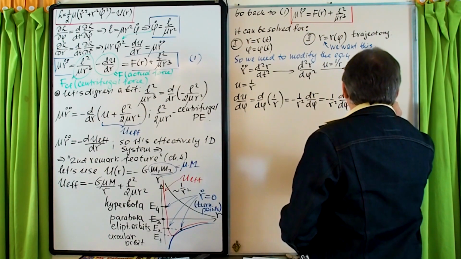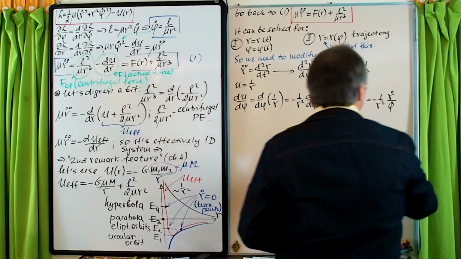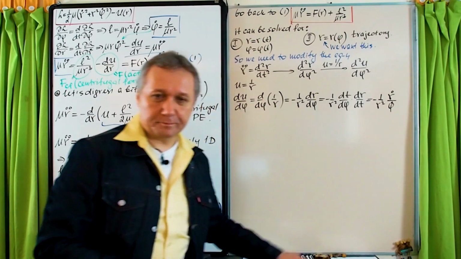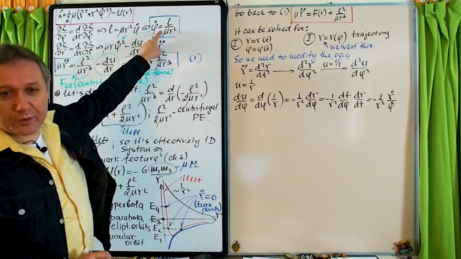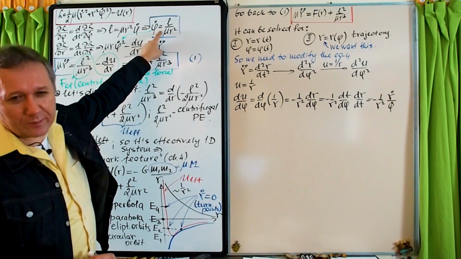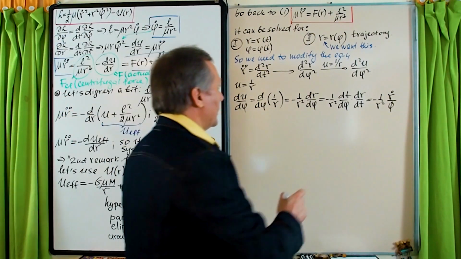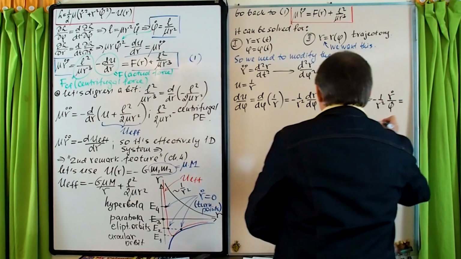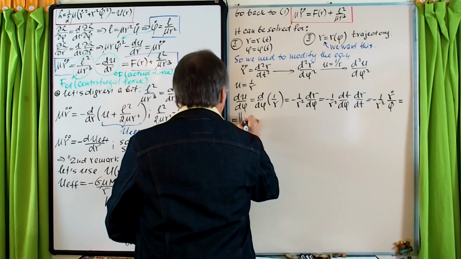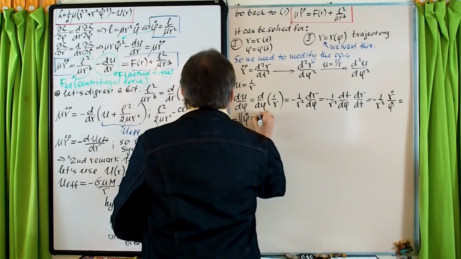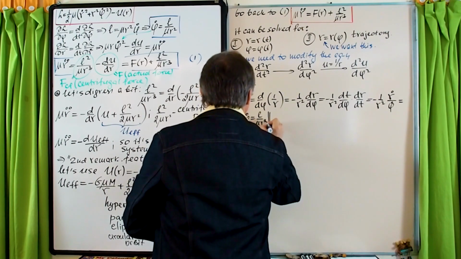So 1 over r squared, r dot, and downstairs we'll have phi dot. And for phi dot, we're going to use this. That's why I framed it, because I knew that I would need it at some point. Phi dot equals L over mu r squared.